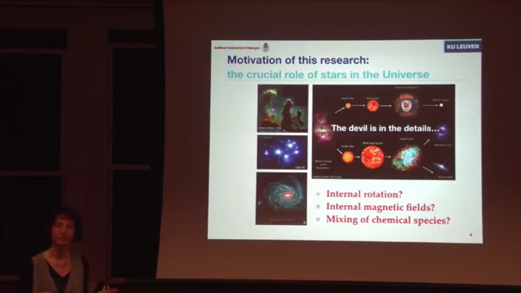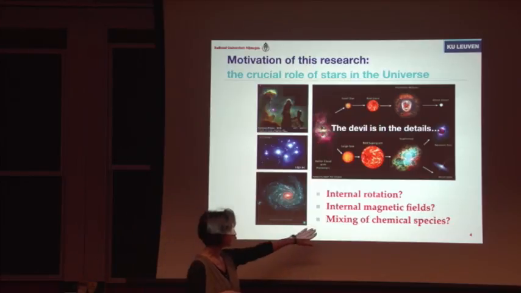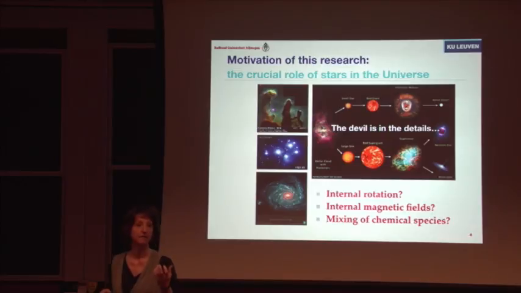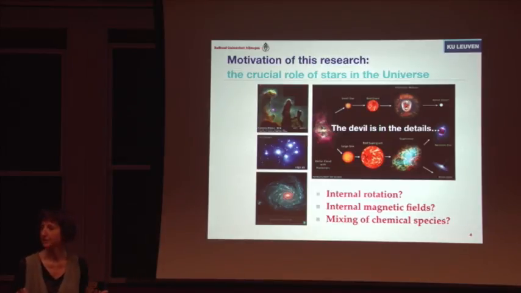Until recently, we have made major progress on that. Internal magnetic fields of stars, well, at best we can measure magnetic fields on the stellar surface through spectropolarimetry, but we would like to know how it works inside. And an important aspect really is the mixing inside stars. It is very hard to study because we simply only get information from the outer layers.